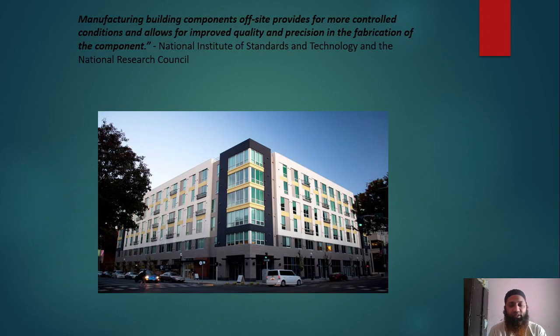Manufacturing building components off-site provides more controlled conditions, and allows for improved quality and precision in the fabrication of the components. This has been stated by the National Institute of Standards and Technology and the National Research Council: because of prefabricated elements, high quality can be achieved, as they are done in more controlled conditions.